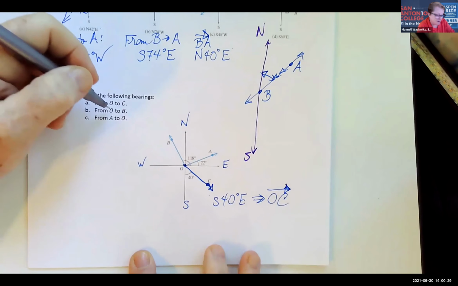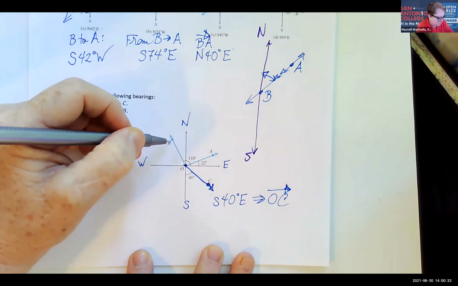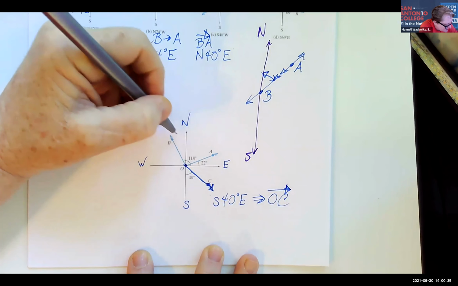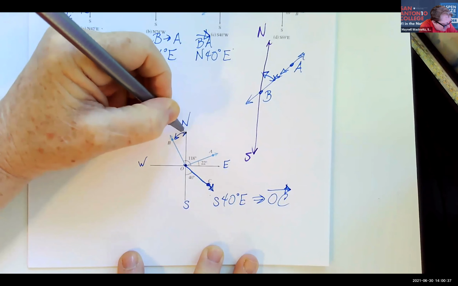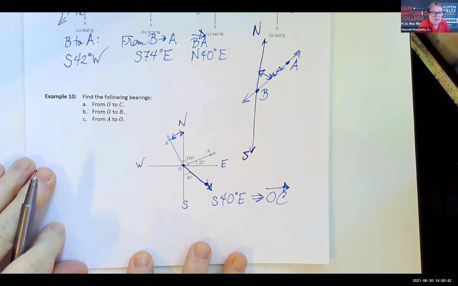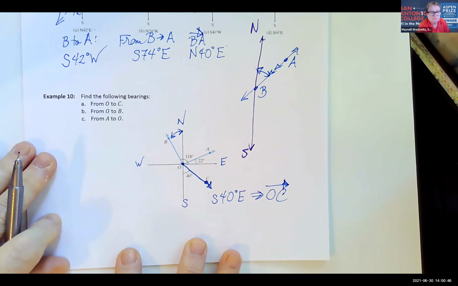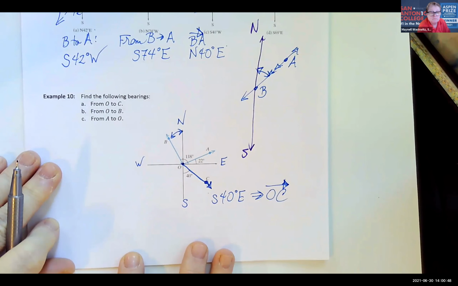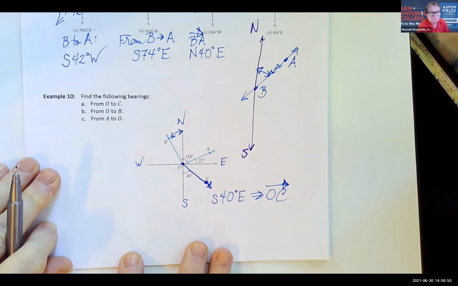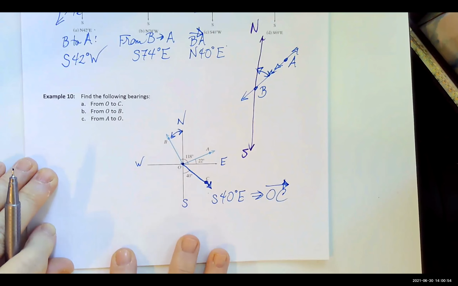All right, the next one we want is O to B. Here's O, here's B. But they don't tell us this angle. What do we know that involves this angle? It's equal to 90.